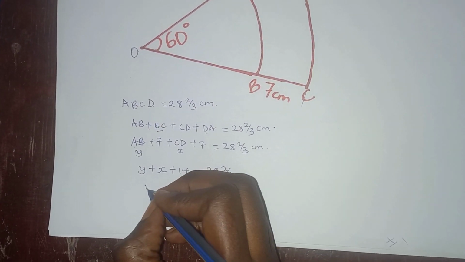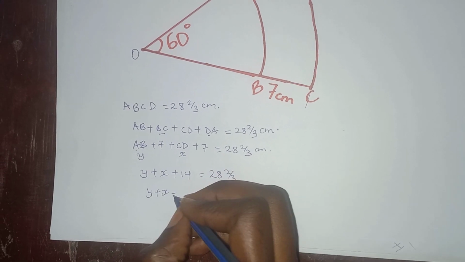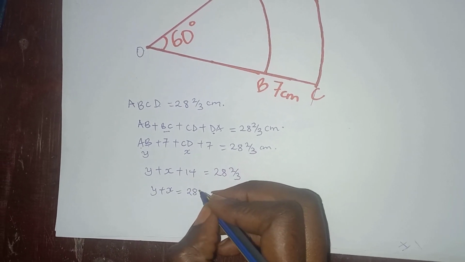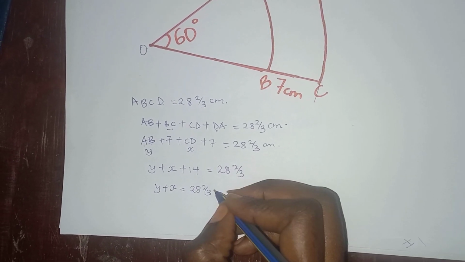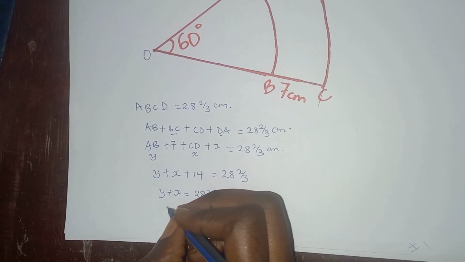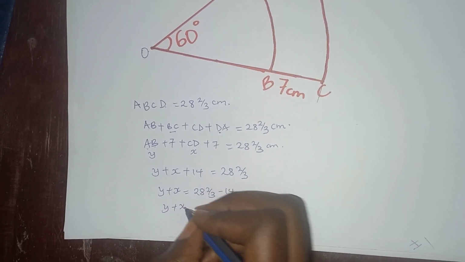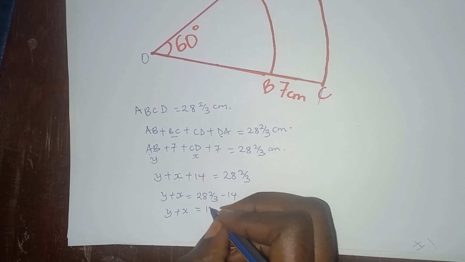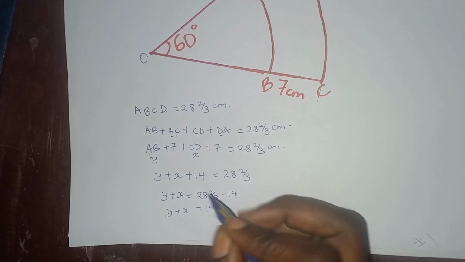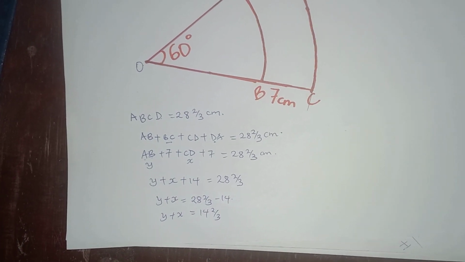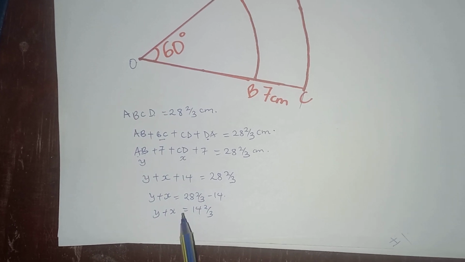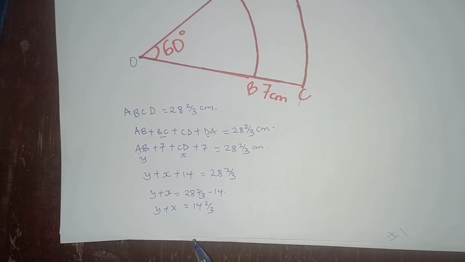That will mean that Y plus X is equal to 28 and 2 over 3 minus 14. Y plus X is equal to 14 and 2 over 3.